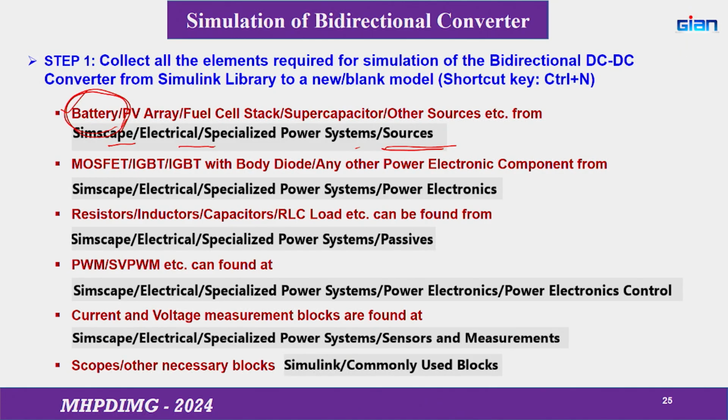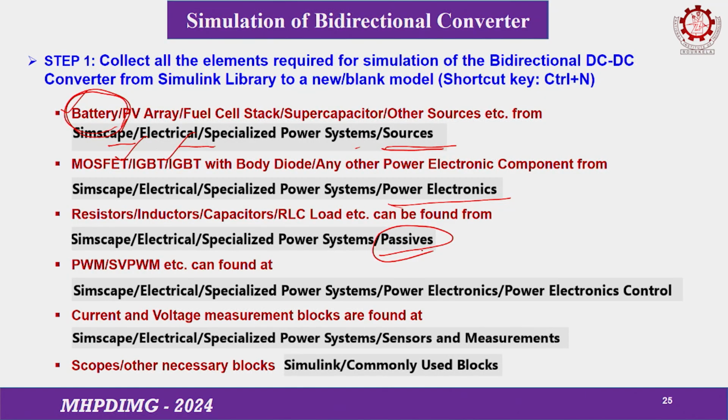For the switches, you can choose MOSFET or IGBT, available under the power electronics components. Then all the filter components and the load, the resistor, inductor and capacitors, you will get inside the passive components under Simscape, Electrical, Specialized Power Systems.